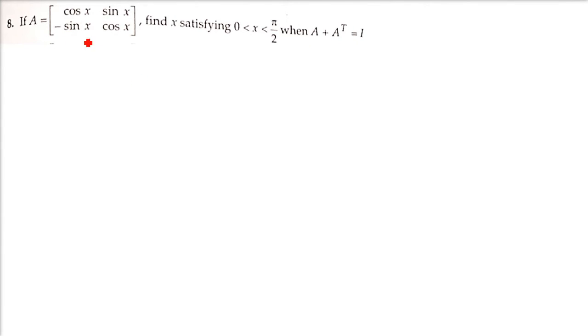If A is this matrix, find x, satisfying x should be between 0 and 90 degrees, 0 and pi by 2, when A plus A transpose is equal to I, the identity matrix. So I is the identity matrix. So let us add it. A matrix: cos x, sin x, minus sin x, cos x.